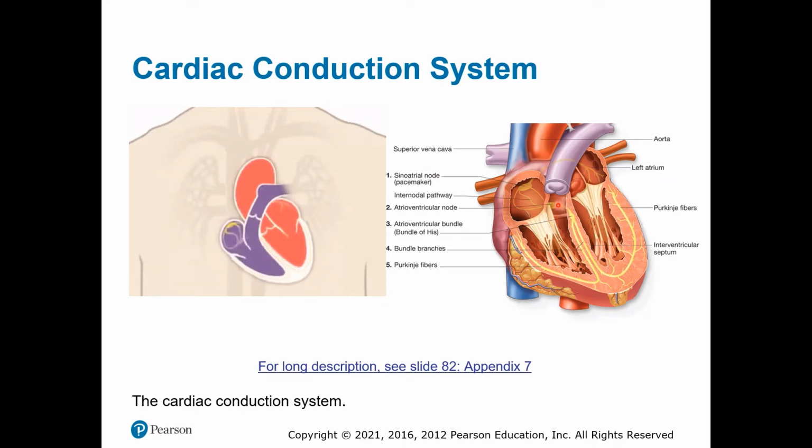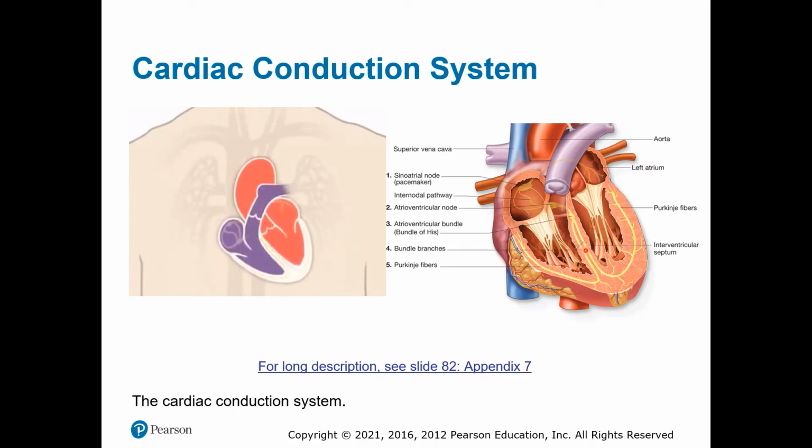It then goes into the AV node, or the atrioventricular node. This AV node sets off the rest of the system, where it goes into the ventricles and allows the ventricles to pump blood. If you want to go farther, it goes from the AV node to the bundle of His, and then into the bundle branches.